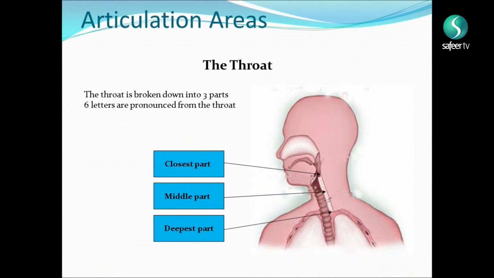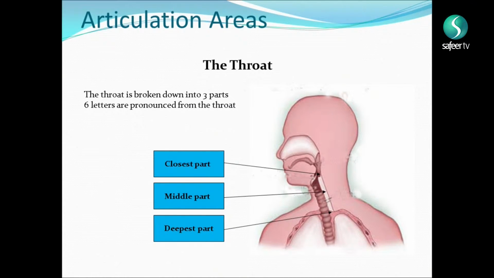This consideration of closeness or deepness or the middle part of our throat is related to our tongue, because the center is the tongue. So the close or the middle or deep part is considered with our tongue. So we have 3 points of articulation in the throat, and in each part we have 2 letters.